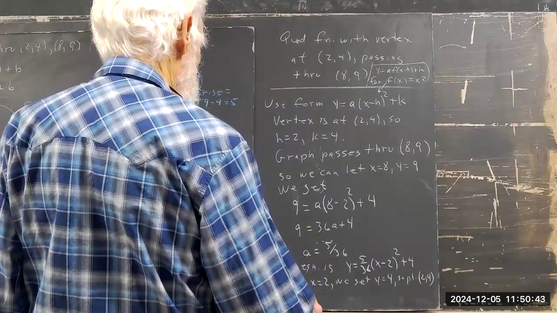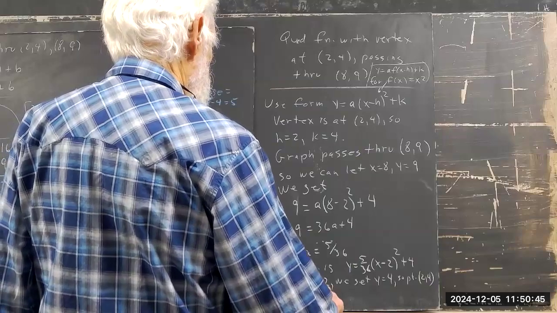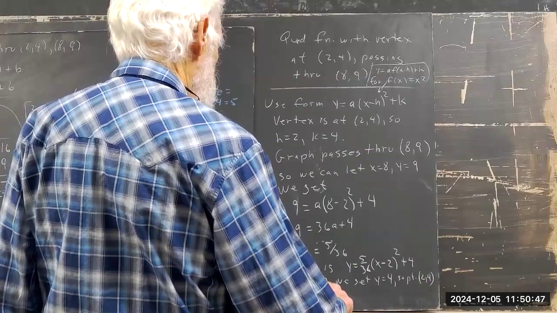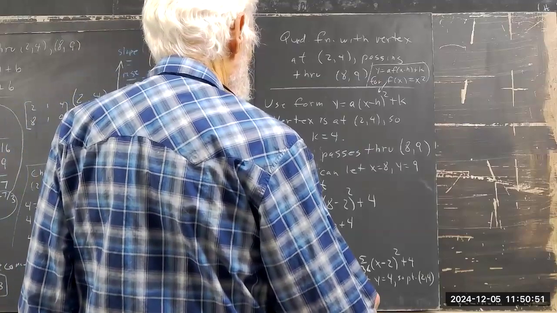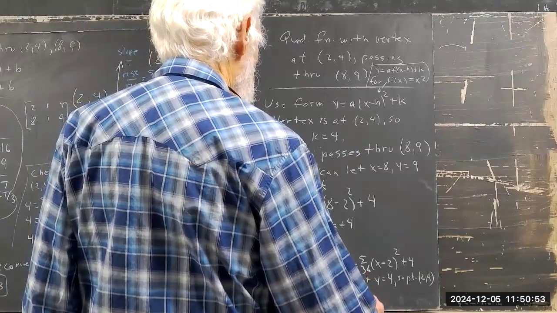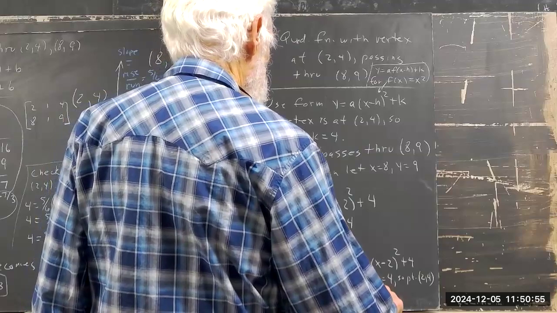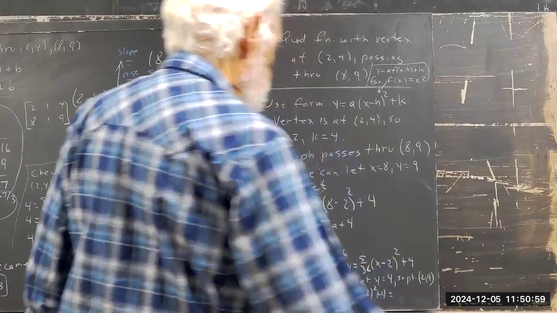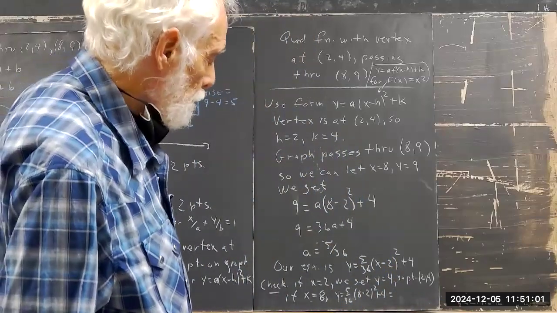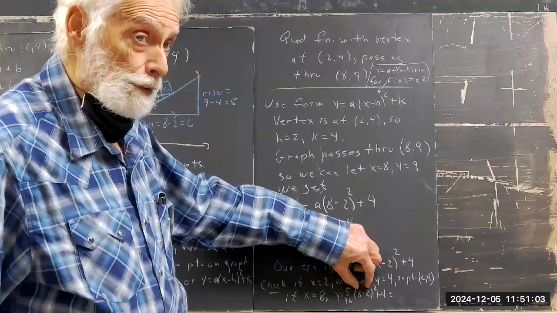And then if x equals 8, y equals 5/36 of 8 minus 2 squared plus 4. And I don't have room to write out the arithmetic, but 8 minus 2 is 6.